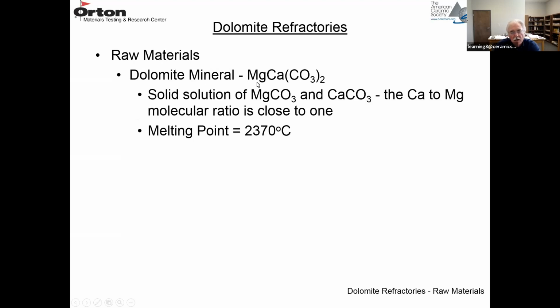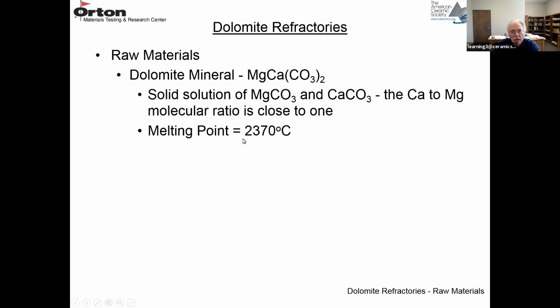So dolomite is just a combination of MgO and CaO. And in the mineral, it's a solid solution of MgO and CaO carbonates. So a solid solution of MgCO3 and CaCO3. There's usually a little bit more Ca than Mg, but the ratio is closer to 1.